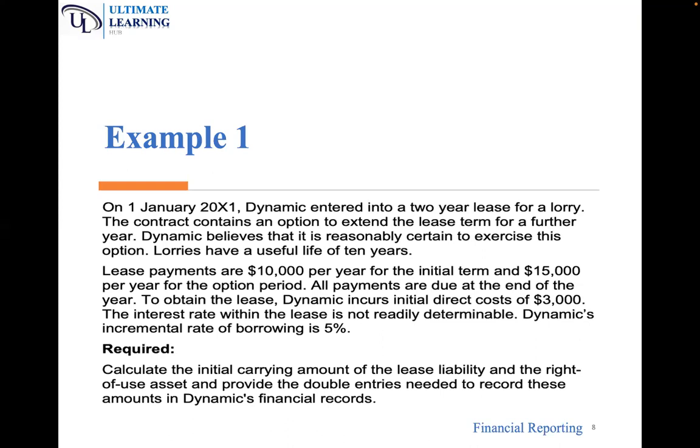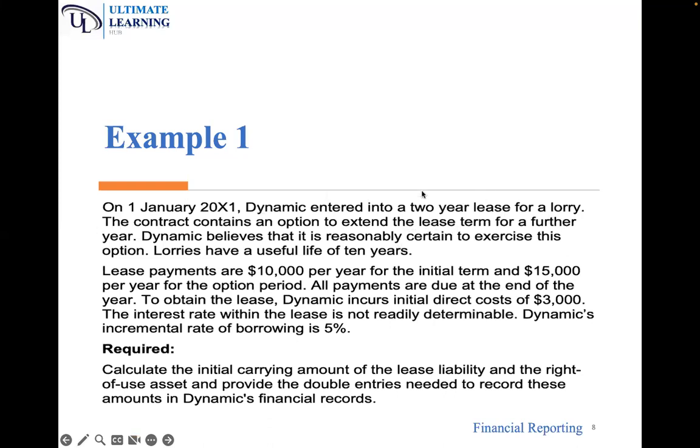We are being told that on 1st January 20X1, Dynamic entered into a 2-year lease for a lorry. The contract contains an option to extend the lease term for a further year.